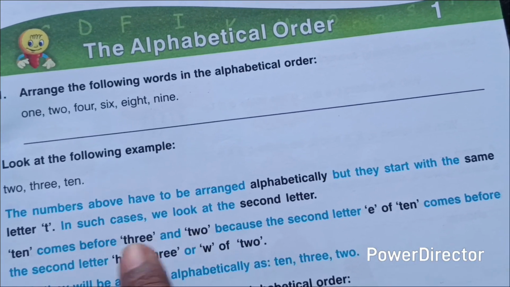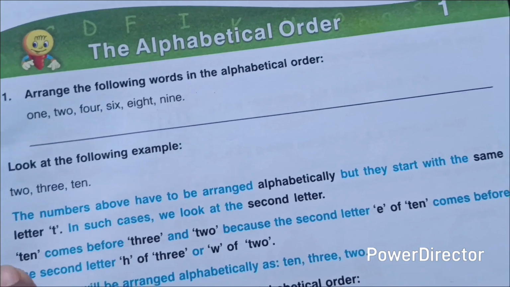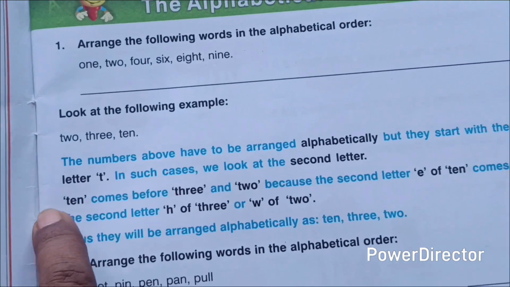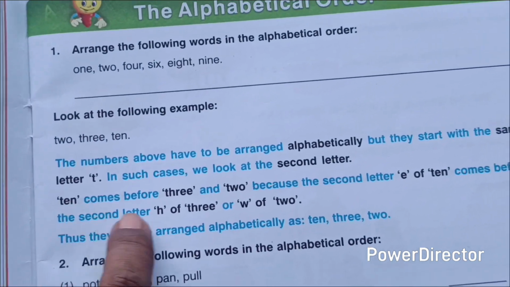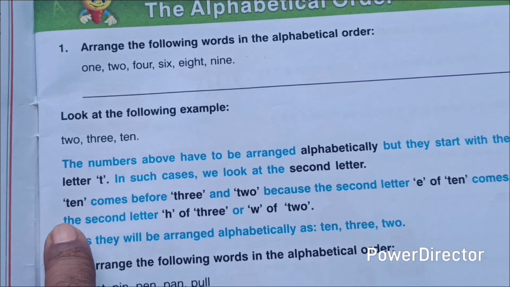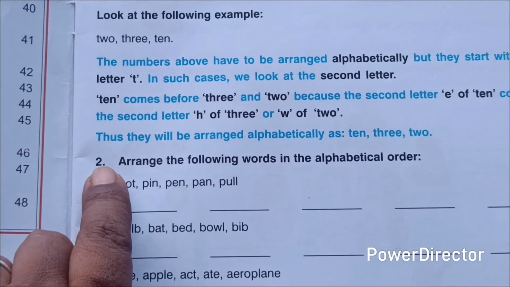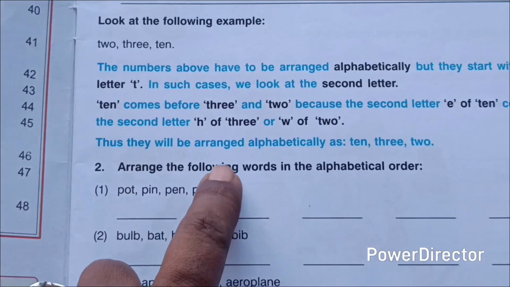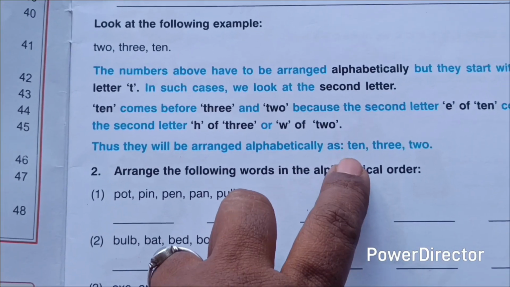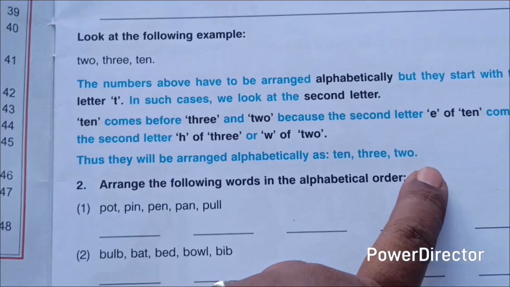In numerical order, 2 and 3 come first and 10 later. But in alphabetical order, 10 comes first before 3 and 2 because of the second letter of the word. Understood? Thus, they will be arranged alphabetically as 10, 3 and 2.